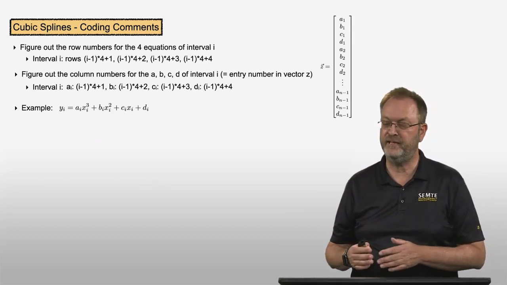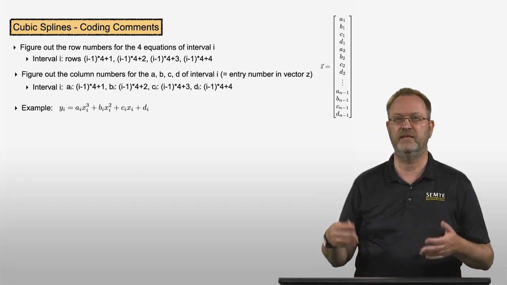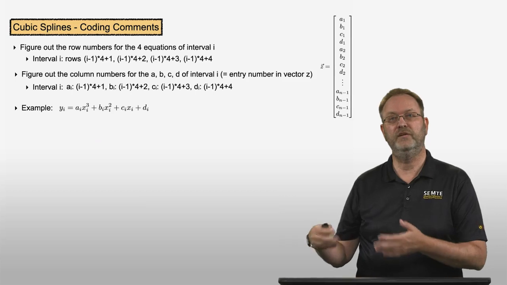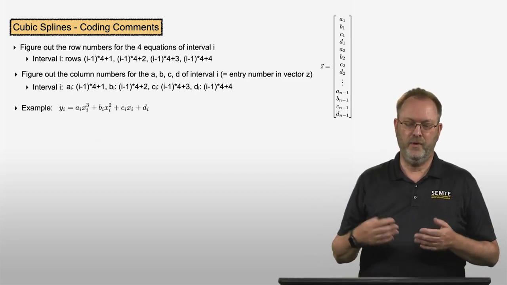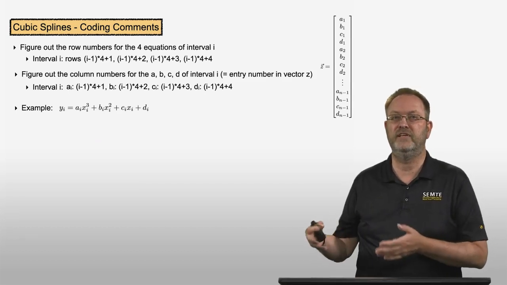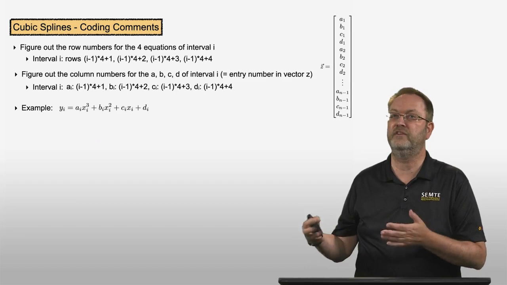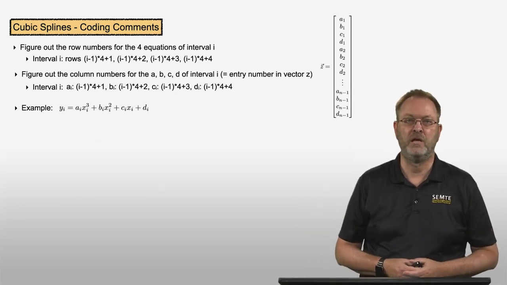And once we've defined a particular sorting for the unknown quantities a1, b1, c1, d1, then a2, b2, c2, d2, and so on through all these subintervals, we know what the column numbers in the matrix are for each one of these a, b, c, and d's for the interval I, because that's just the entry number in the vector z.